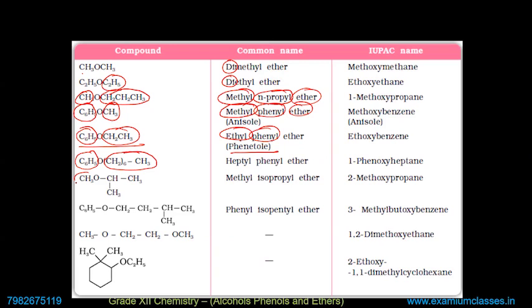Then here, on one side of the oxygen you have methyl, and on the other side isopropyl. So methyl isopropyl ether. Then again here you have phenyl, but here you have isopentyl. This is an iso group, but with a total of 5 carbons, so that's why isopentyl.